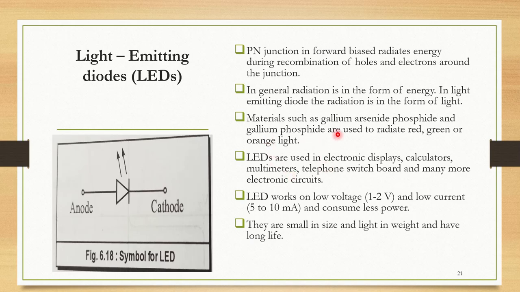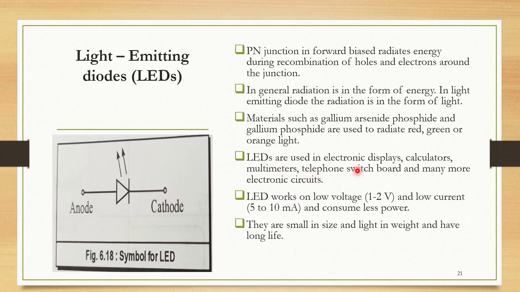Materials such as gallium arsenide phosphide and gallium phosphide are used to radiate red, green or orange light. Depending on what type of material is used in your PN junction, the light will be emitted.